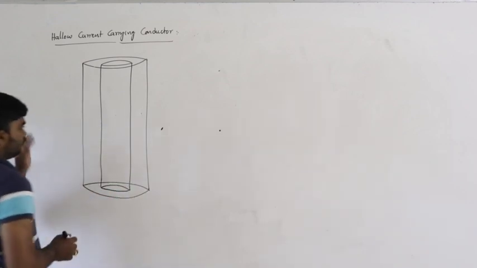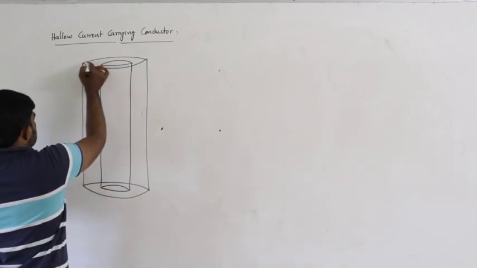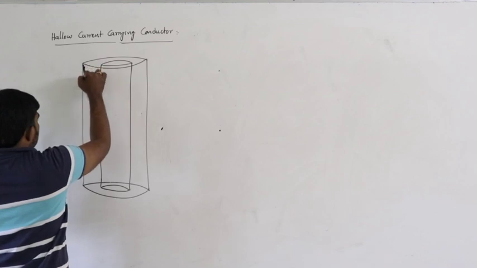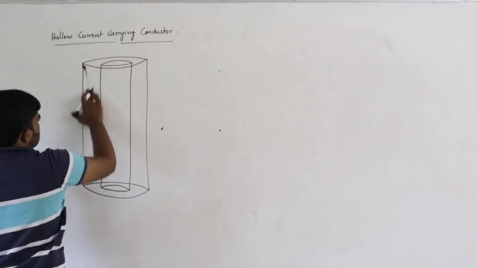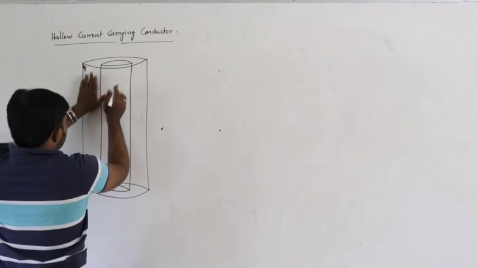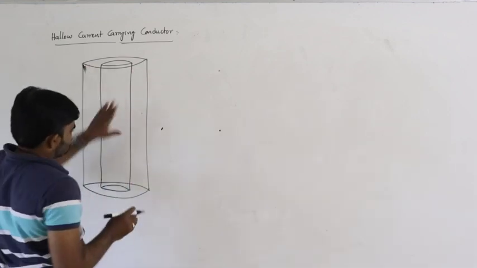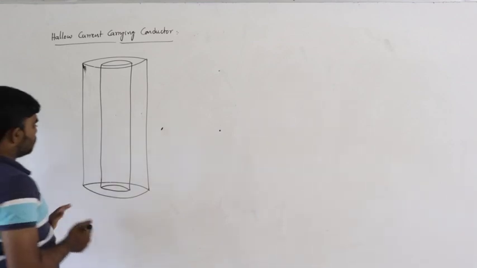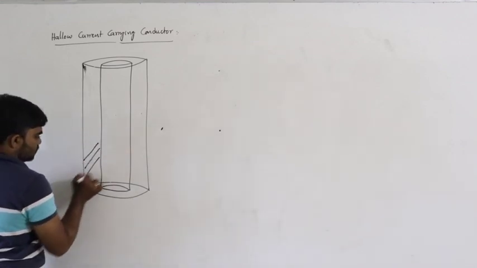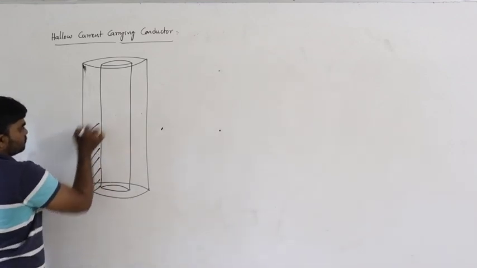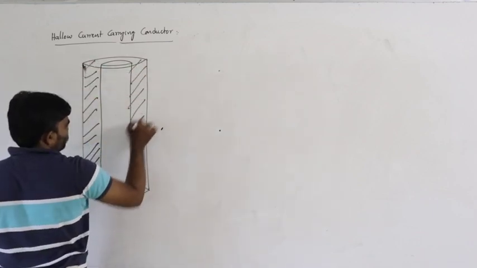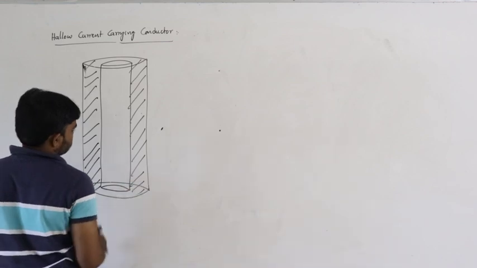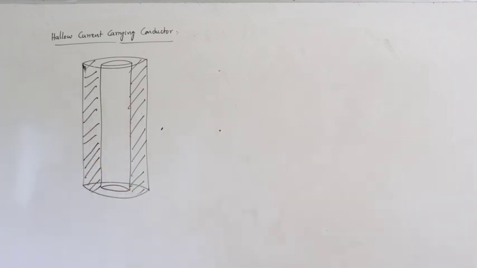This is hollow current carrying conductor. So this is fully filled and this is space here. So this is the condition. Inside it is empty space.